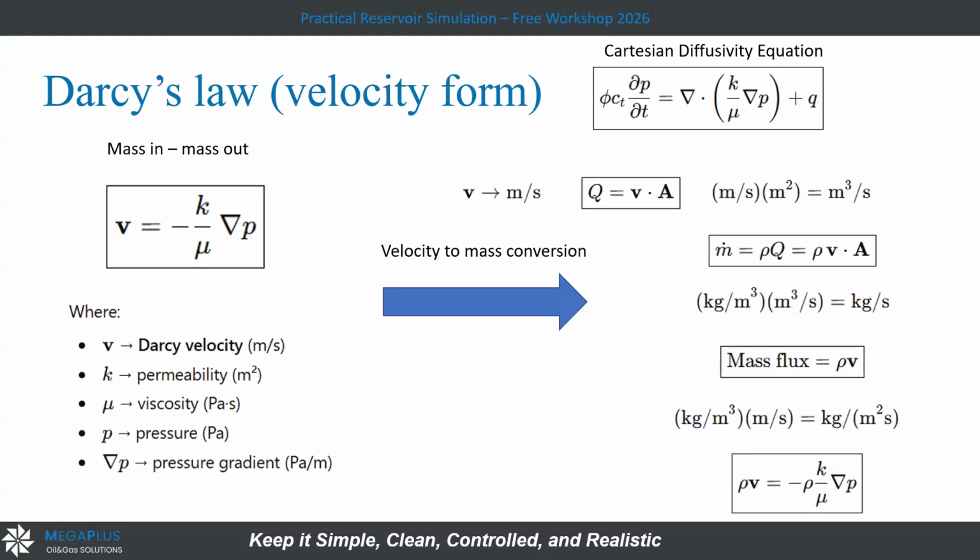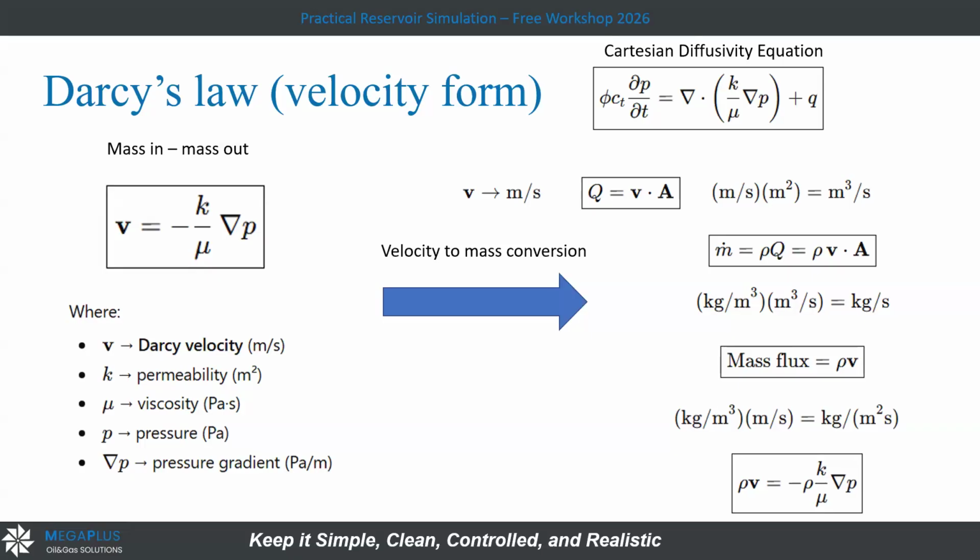And if you make another formulation of Darcy, you will find that the velocity of the flow will equal the negative, of course, because the pressure will decrease, permeability over viscosity multiplied by this inverted delta, which is a spatial difference in x, y and z, of pressure. So it is a very simple conversion we will do.